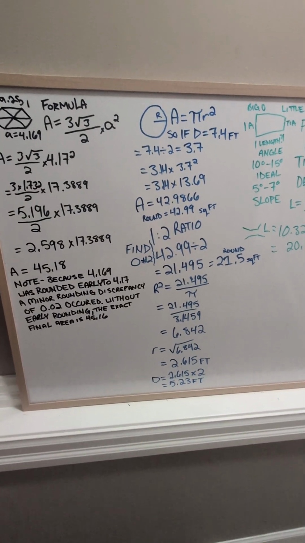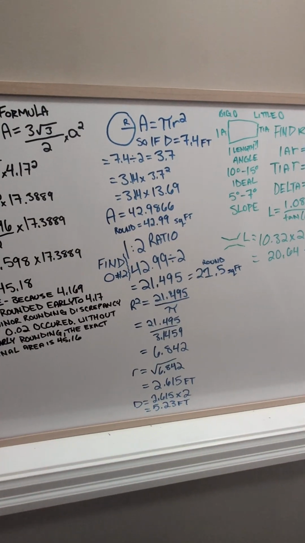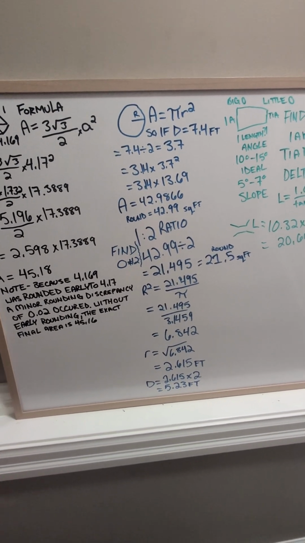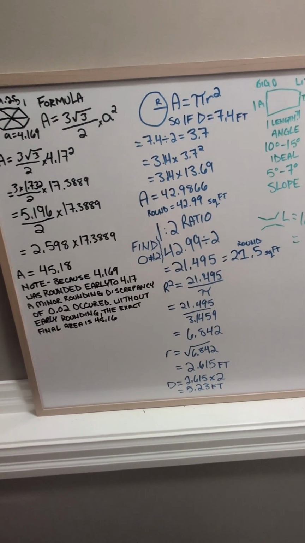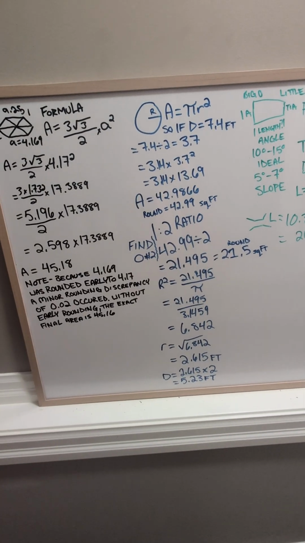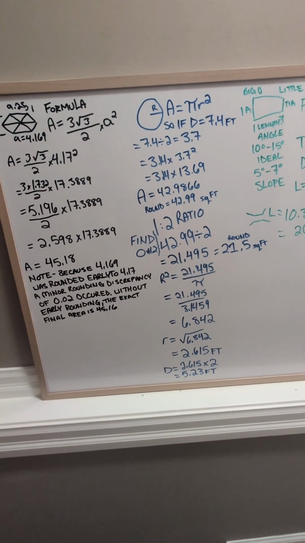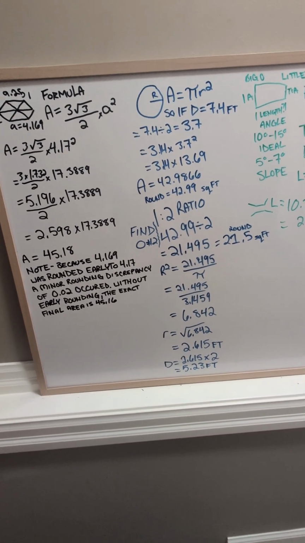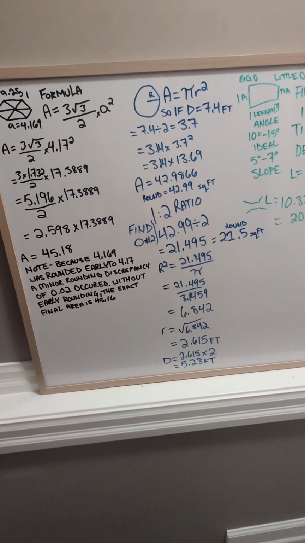And then because we want a ratio of 1 to 2, now we have to find the smaller circle. So we take 42.99 divided by 2, we get 21.495. We'll round that out to 21.5. So from there, I was like, well, I would kind of like to know the diameter and stuff for that.